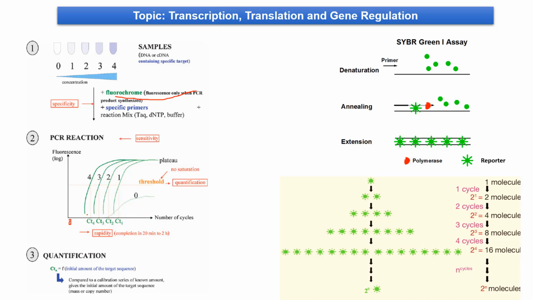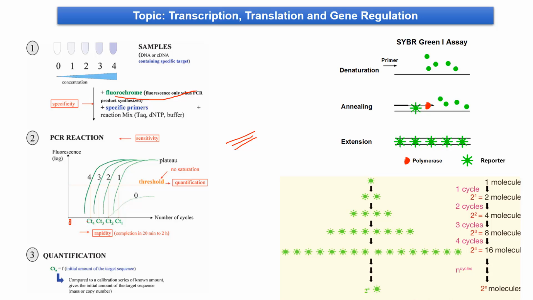number of cycles. So the sample which crosses the threshold value earlier signifies that the number of cDNA molecules was higher in that sample. That is why more SYBR Green was incorporated, as amplification was more, and together they could cross the threshold value earlier.